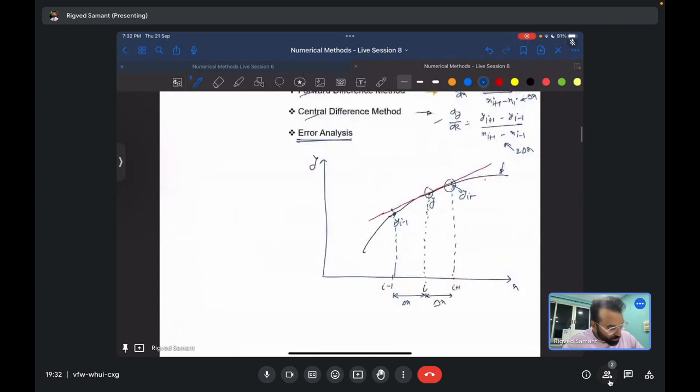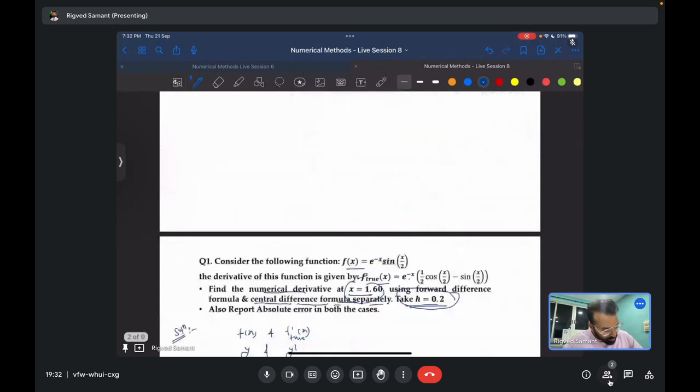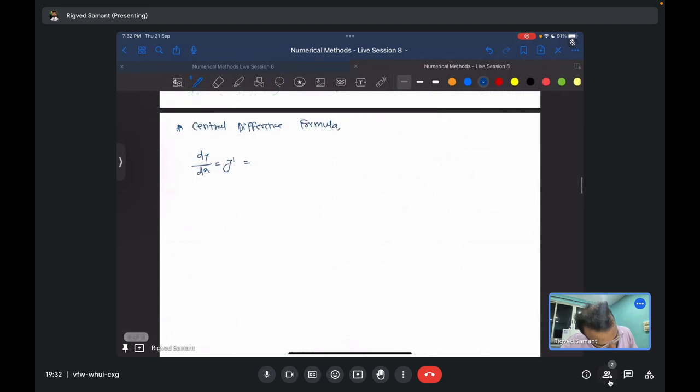So this equation: y of i plus 1 minus y of i minus 1 divided by 2 delta x.